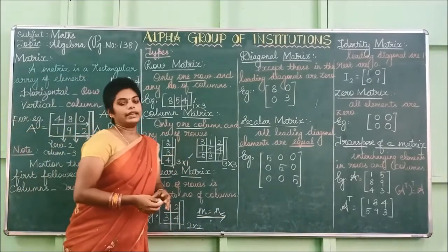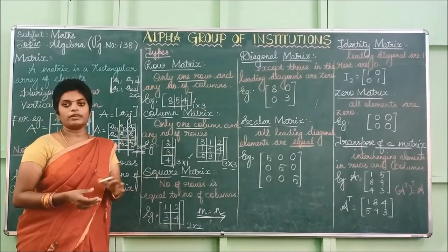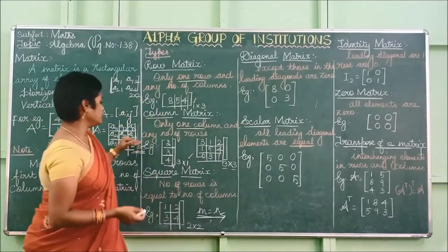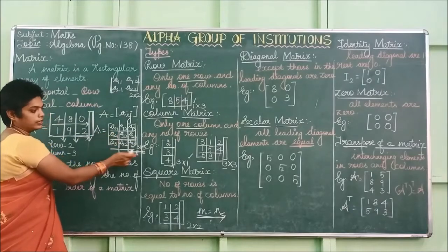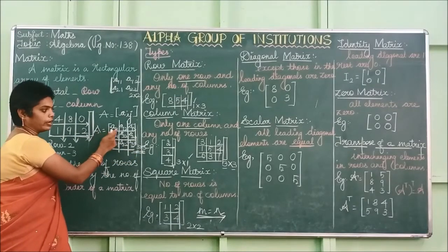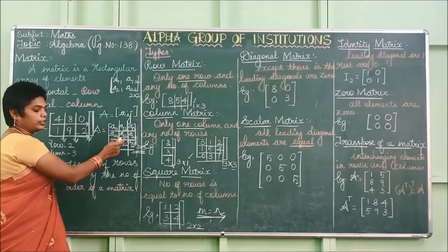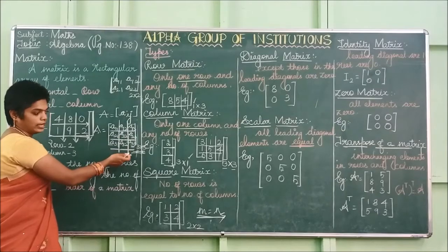So listen to the diagonal matrix. Before going to the diagonal matrix, you must know the leading diagonal elements. Consider this order 3 cross 3 matrix: A11, A12, A13, A21, A22, A23, A31, A32, A33.